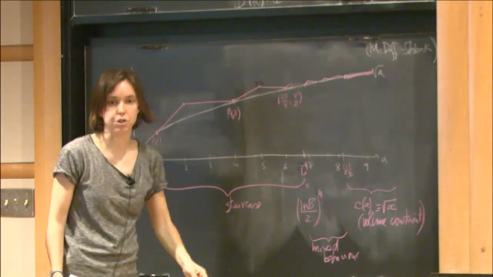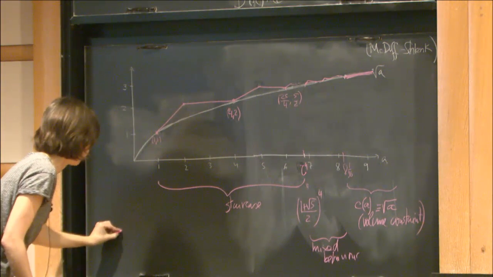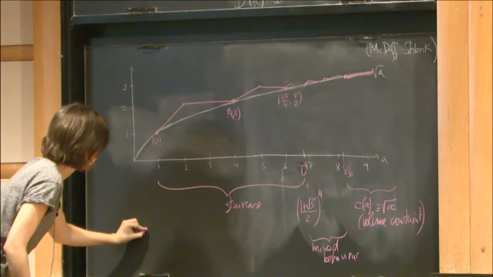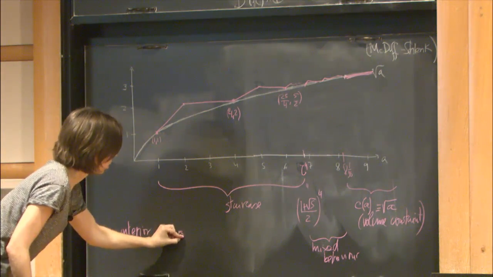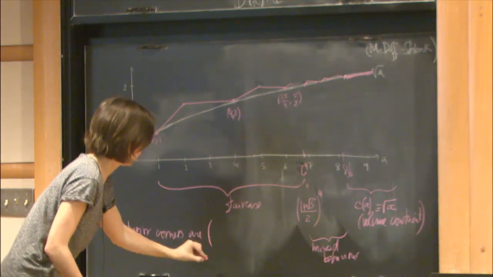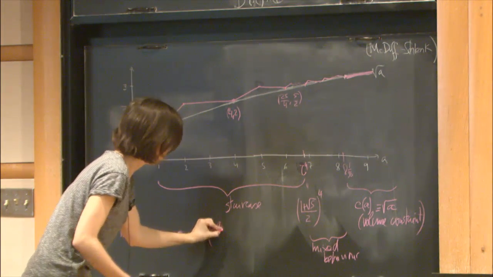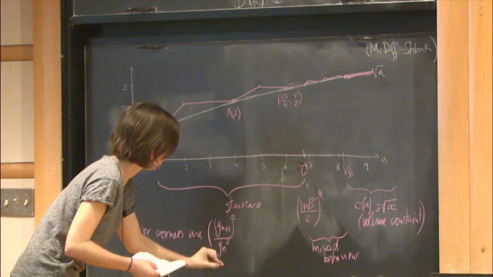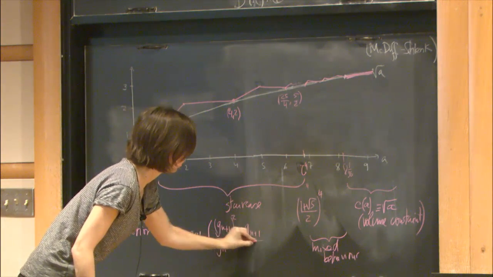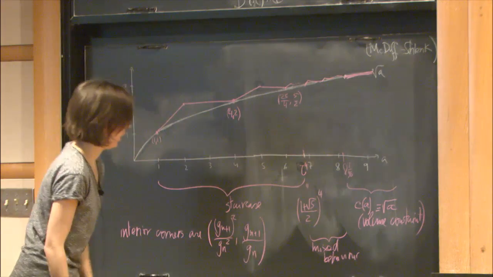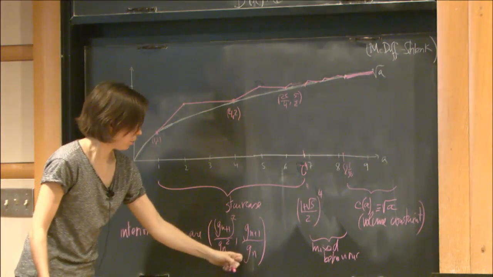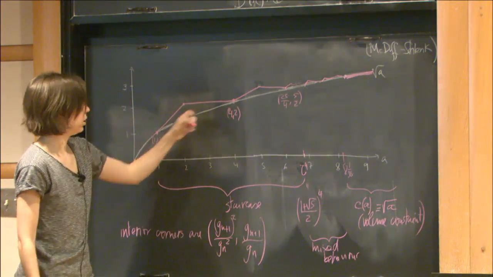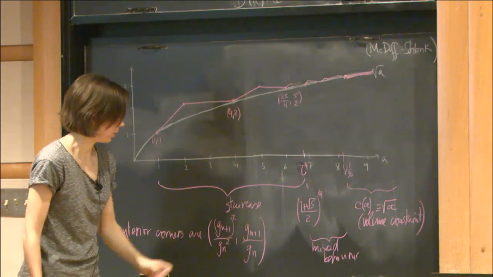These are ratios of Fibonacci numbers. So the interior corners are (g_{n+1}^2 over g_n^2, g_{n+1} over g_n), in the x and y coordinates, because they're on the volume constraint, so this one is the square of that one.